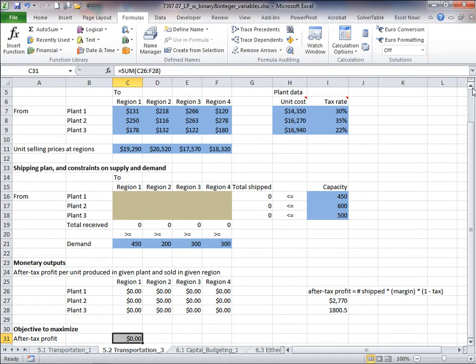Okay. All right. Why did I spend so much time validating these after-tax profit numbers?